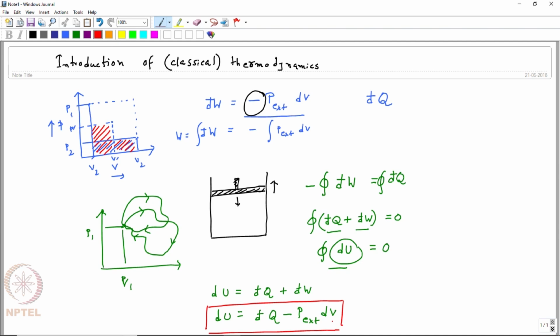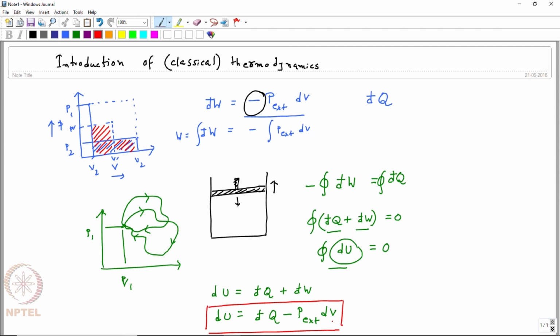Now the only thing which we did not discuss here is that we assumed that the work done here is a kind of pressure volume work. We only consider the PV type of work. We can also consider non-PV type of work, which is important, particularly in subsequent sections, like when you talk about electrochemistry and other things, but it can readily be introduced in the same way.